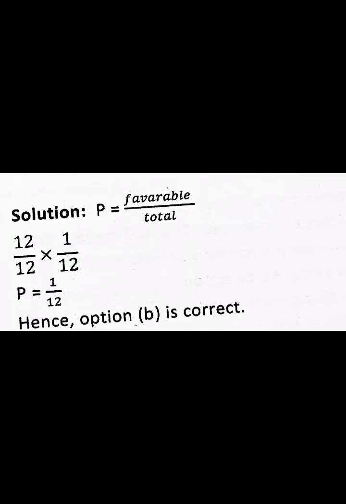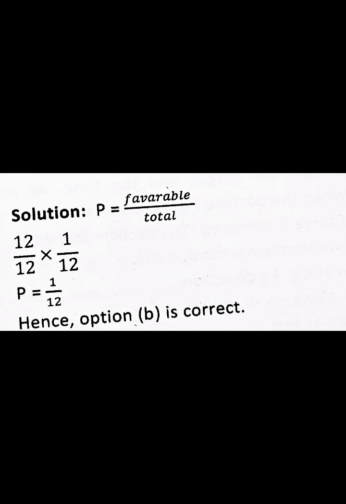The next question is, the probability that two friends have the same birth month is dash. So here let the two friends be P and Q. So here P can be born in any of the months, so there are 12 possibilities in the 12 months.